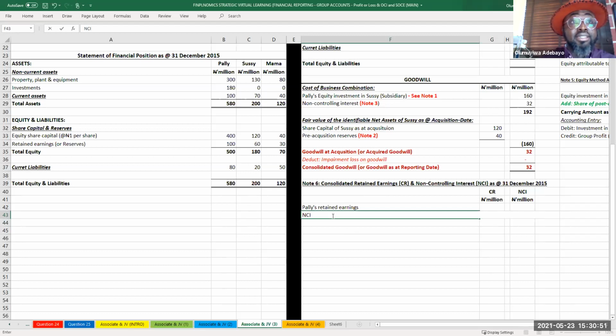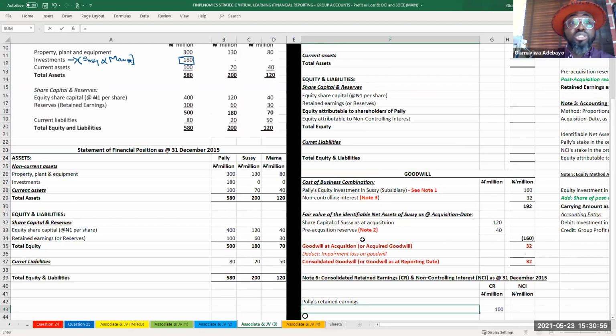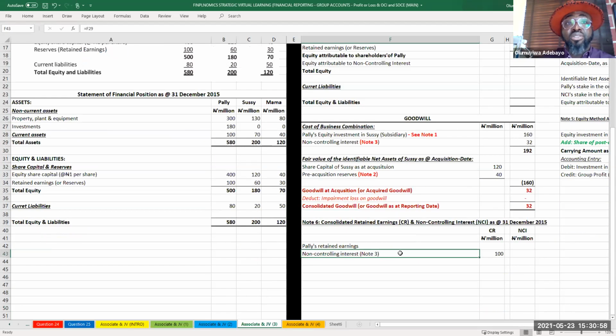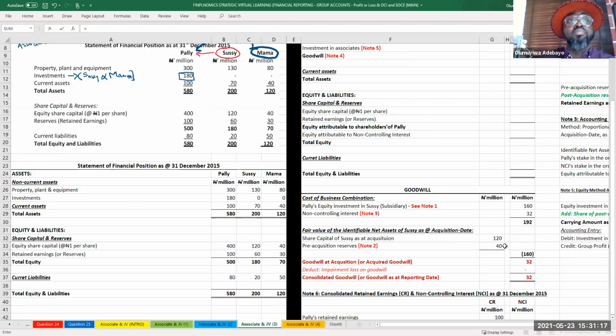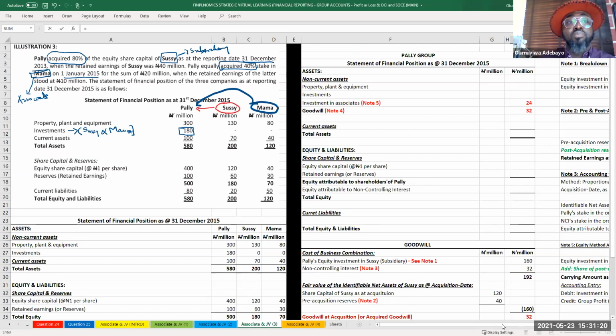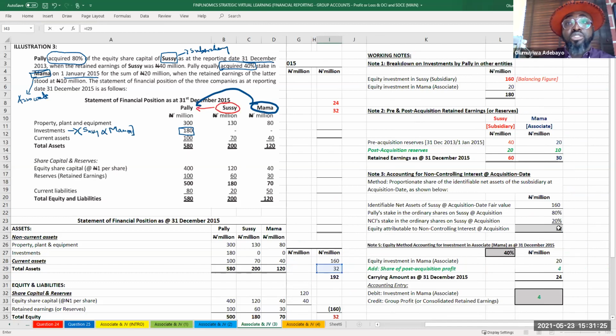Next, we bring in the NCI, value of NCI as measured at acquisition, which you can refer to note 3. And note 3, $32.